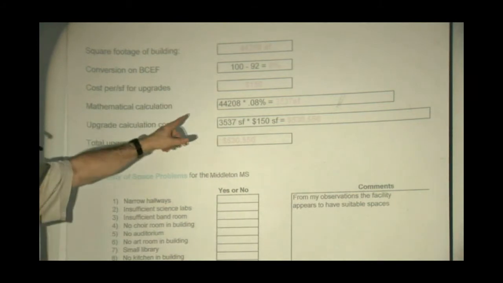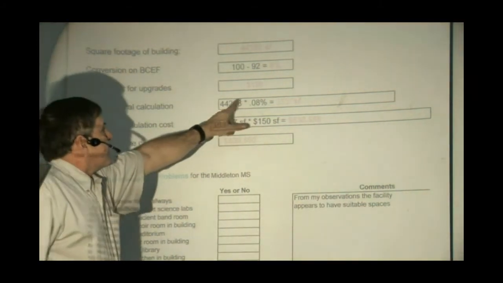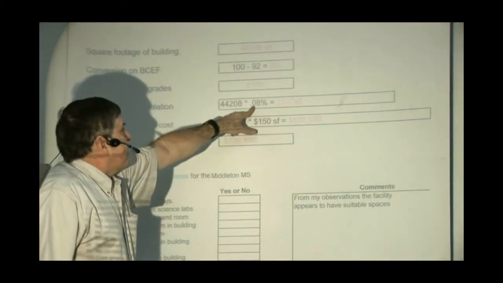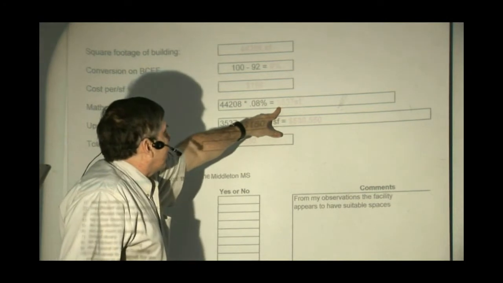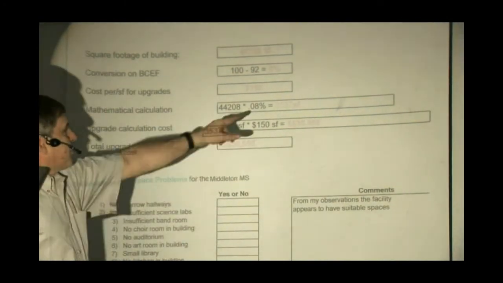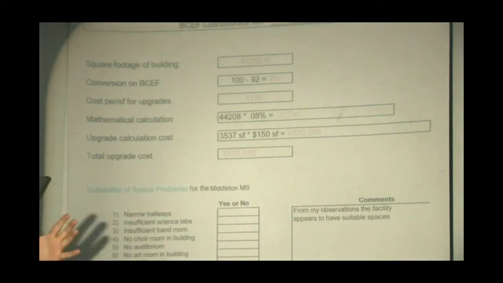Do the formula. So $150 a square foot times the 8% gives us this. First of all, square footage times your amount of building that isn't good tells us that we have 3,537 square feet of building that's not good. Remember, we're trying to get a good building.